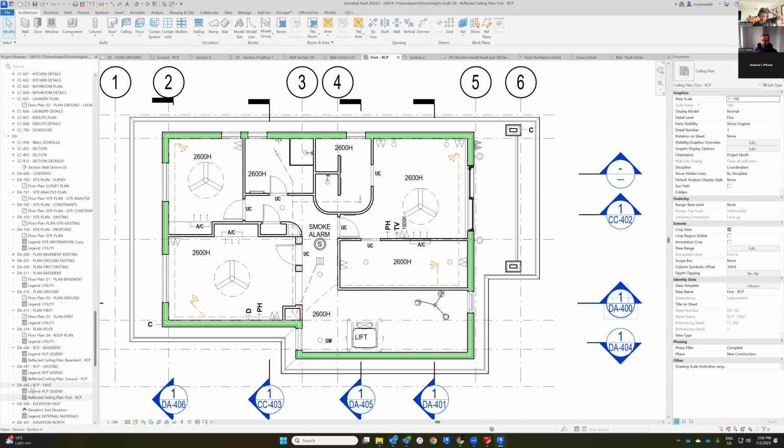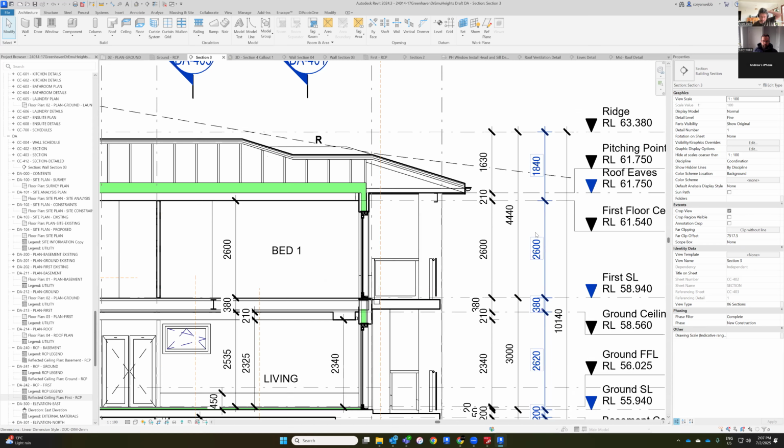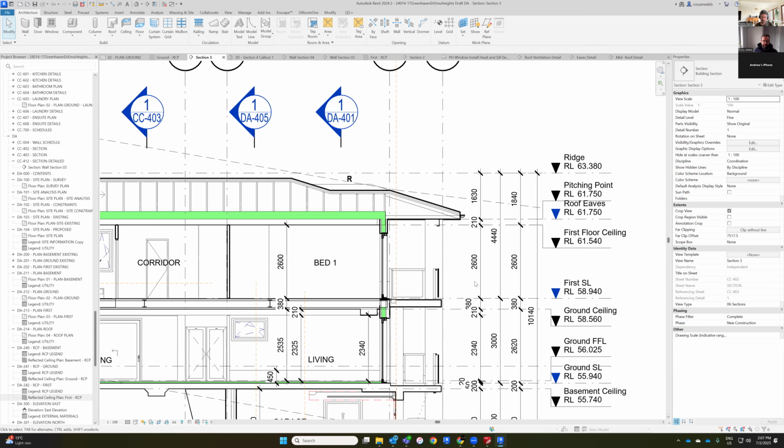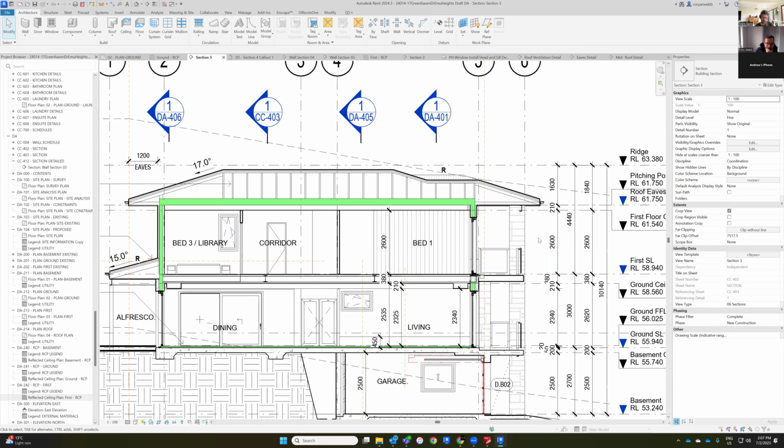So is that 2.6 to the ceiling, including a 200mm cavity? Yeah, 200 on top. Yeah. Sorry, Andrew. That's all right. I was agreeing with that. 2600. And I remember going through it with you.